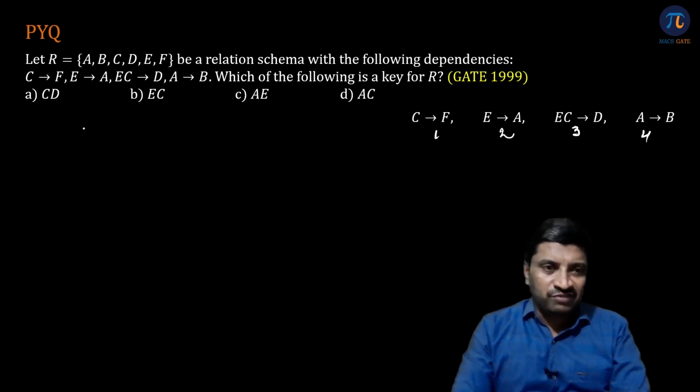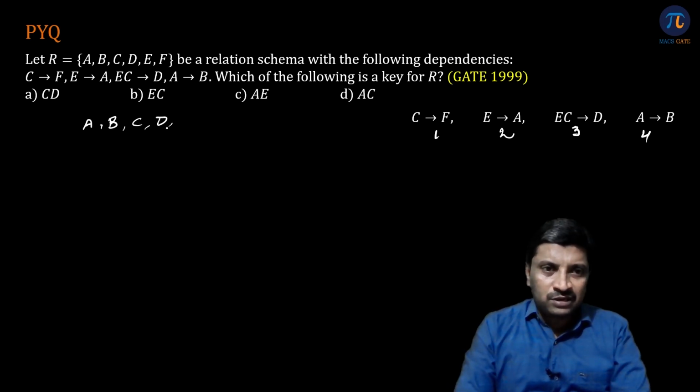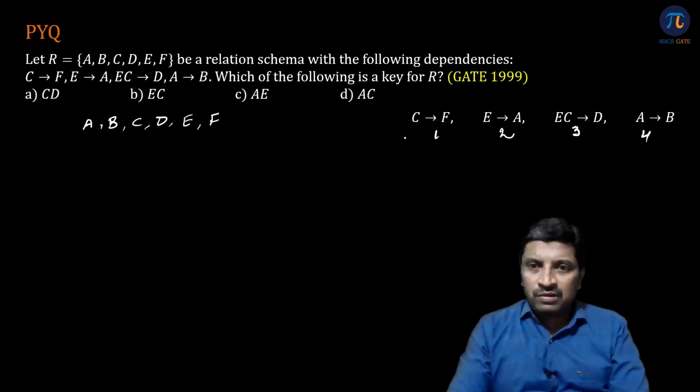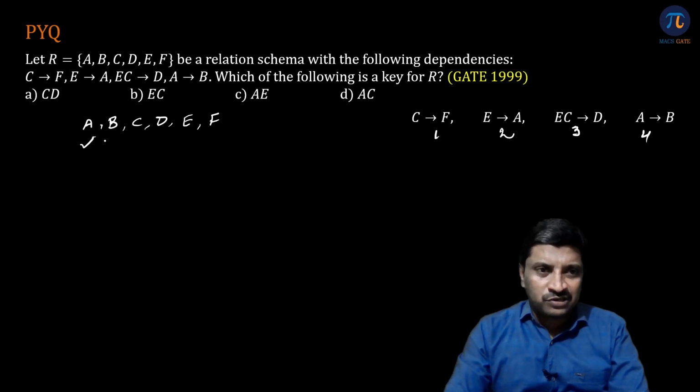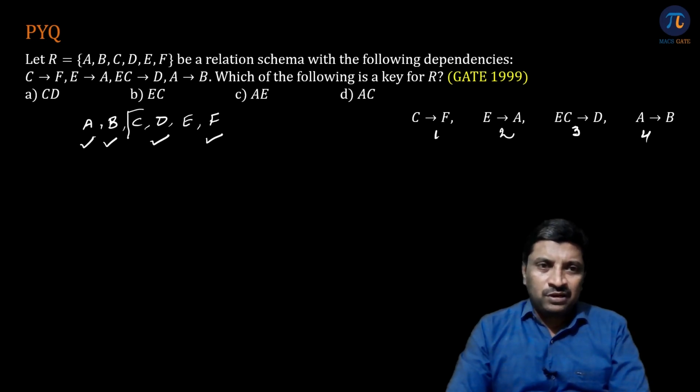So first let us verify the attributes A, B, C, D, E, F. Now A is present on the right side of 2, B is present on the right side of 4, C is not present, D is present on the right side of 3, E is not present, F is present. That means in my candidate key I need to include these two, C comma E.